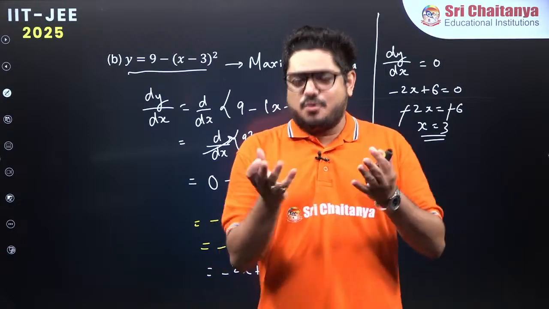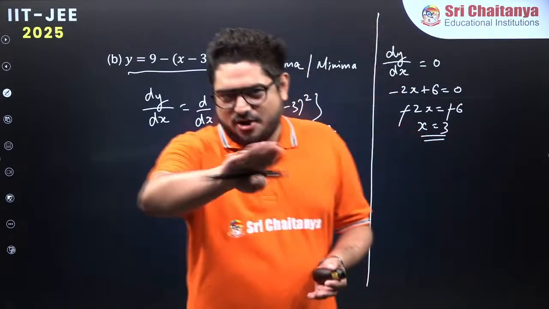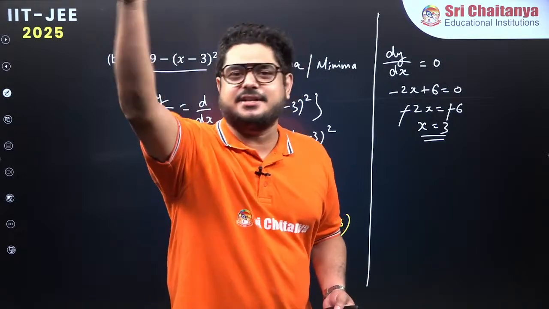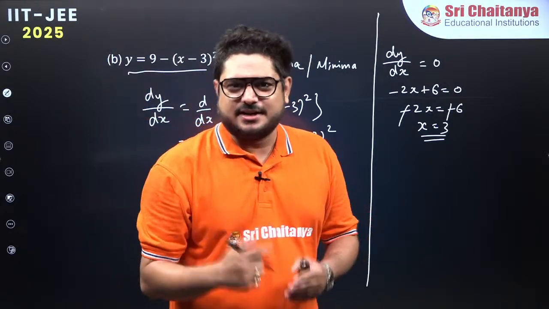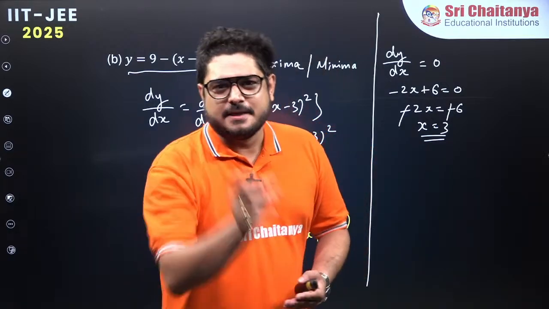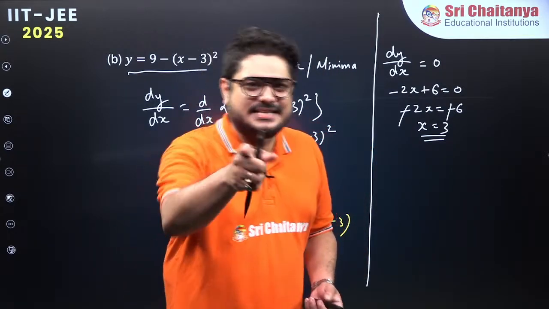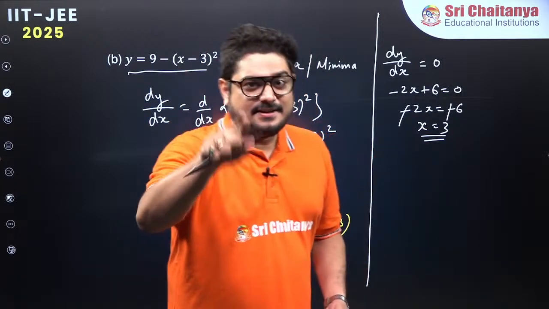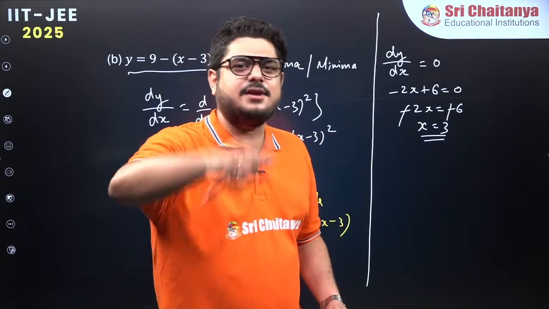So now what needs to be done? We obtained dy by dx and equated it with 0. Those who did not understand the previous question, try to focus here. First thing is finding dy by dx, then equating it with 0, then finding the value of x. That means at this value, this function will have either the maximum or the minimum value.